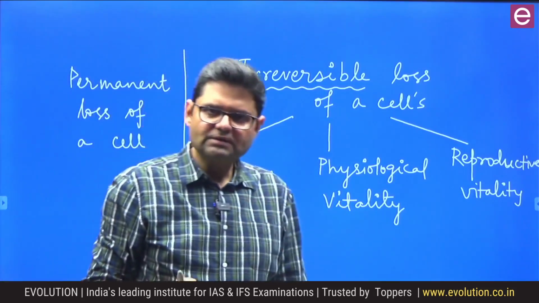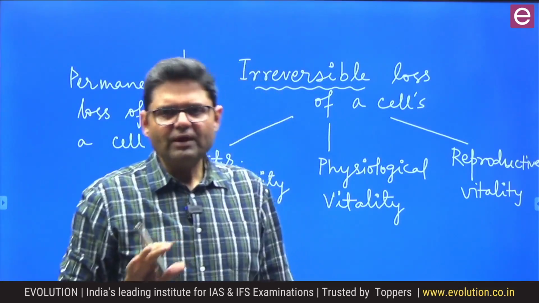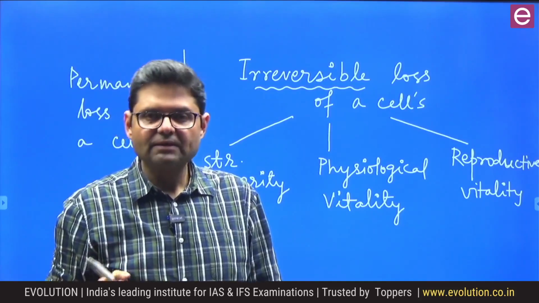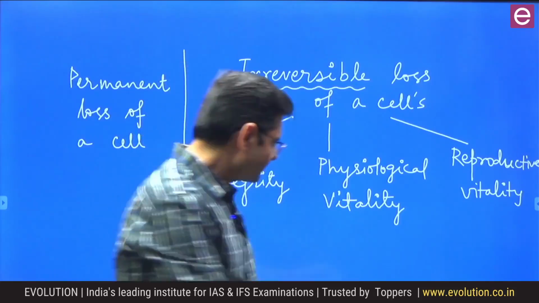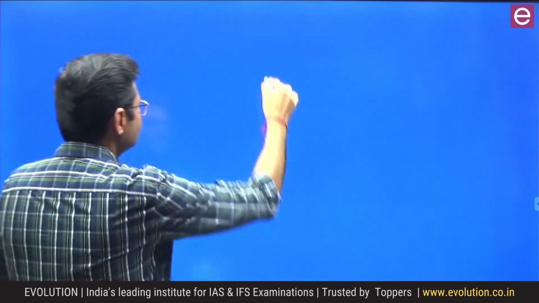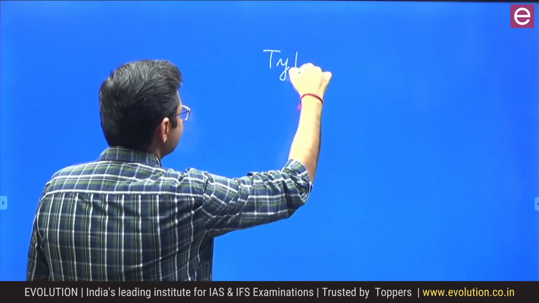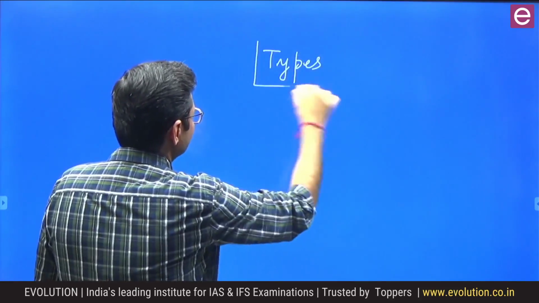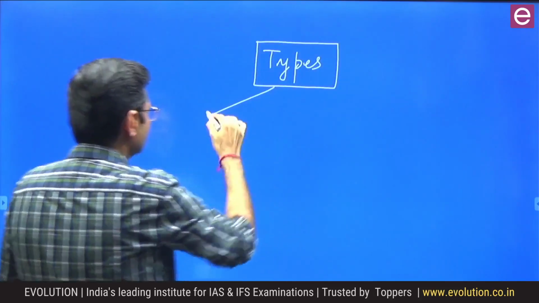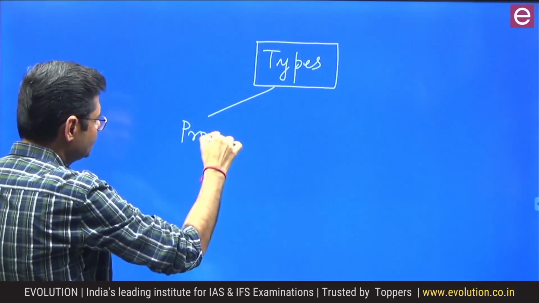So that is what cell death is. Now that we have understood what is cell death, then we need to talk about the two types of cell death. There are two types of cell death. One is called programmed cellular death.